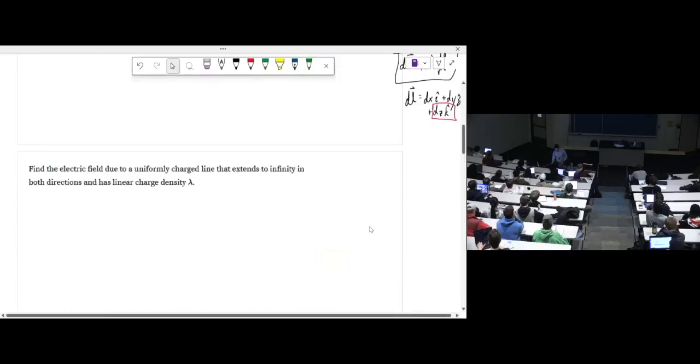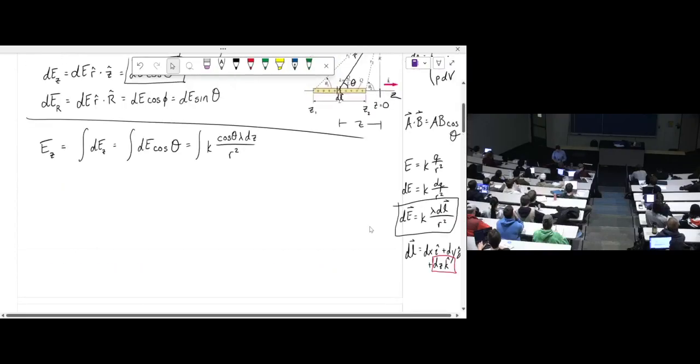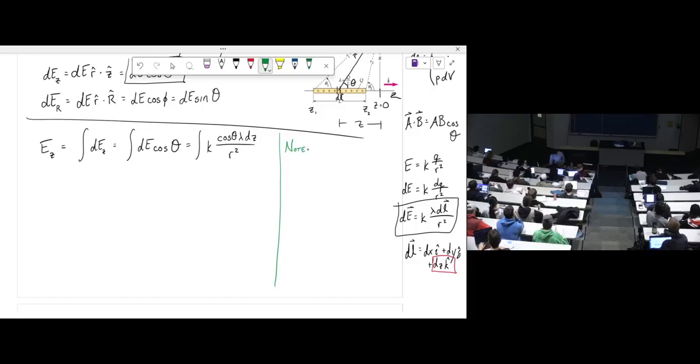We aren't going to need that. What we're going to do instead is note that in this geometry, the tangent of theta, this angle right here, is going to be equal to r over minus z.